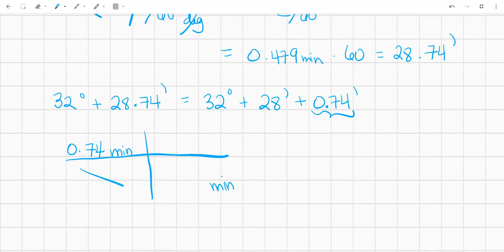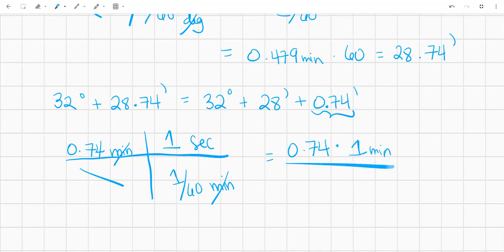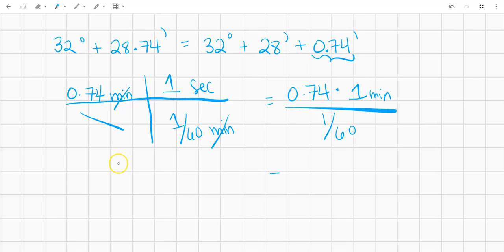I know that minutes is adjacent below, and recall that 1/60th of a minute is equivalent to 1 second. My unit minutes cancel out, so I am left with 0.74 times 1 minute divided by 1/60. Again, with fractions, this is equivalent to 0.74 times 60.